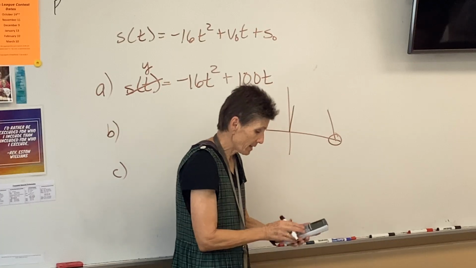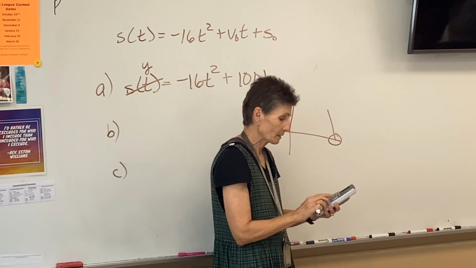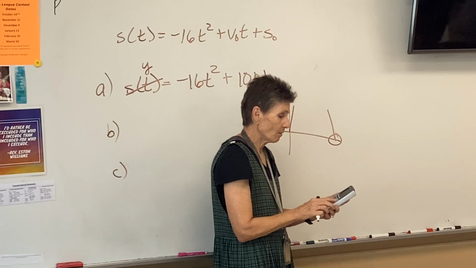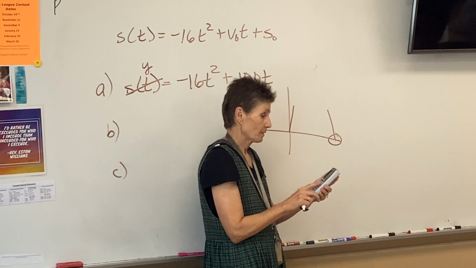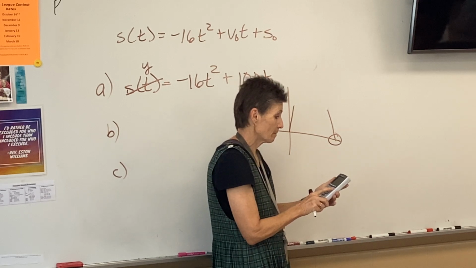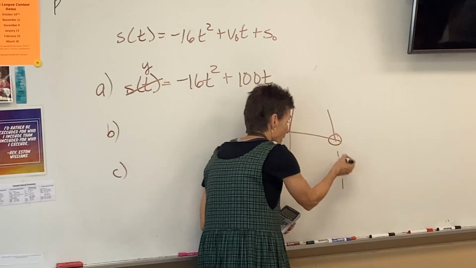So I'm gonna go ahead and do second calc, zero. Left bound, this has to be over here somewhere. And then right bound has to be down here somewhere.